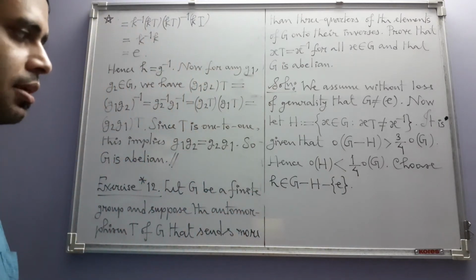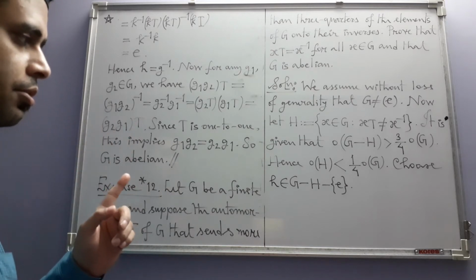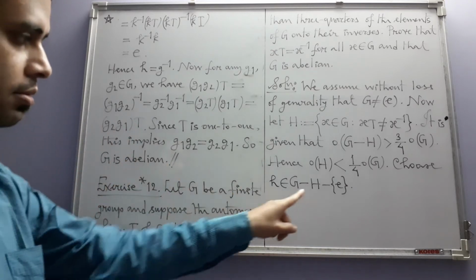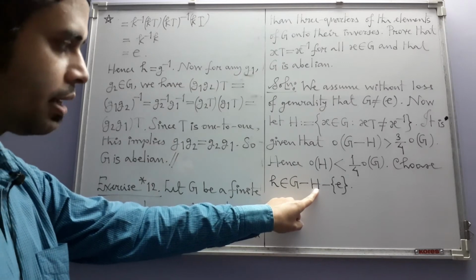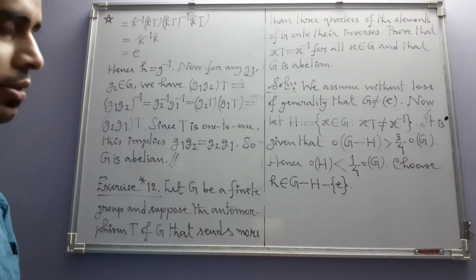We are choosing some element h that is not in capital H, at the same time that is different from the identity.